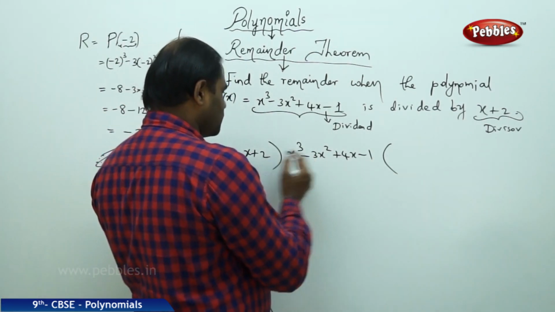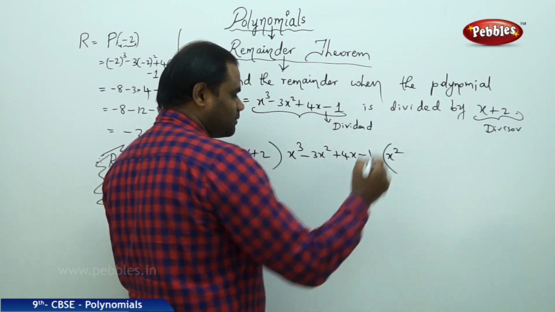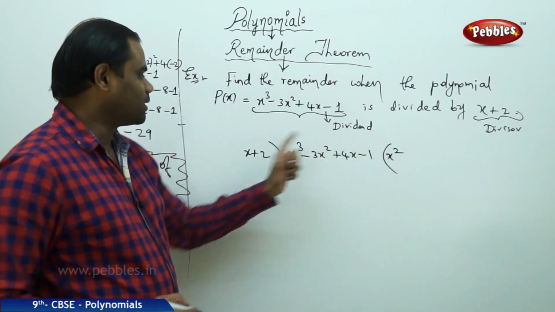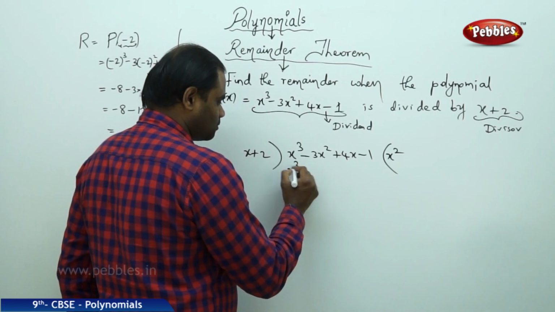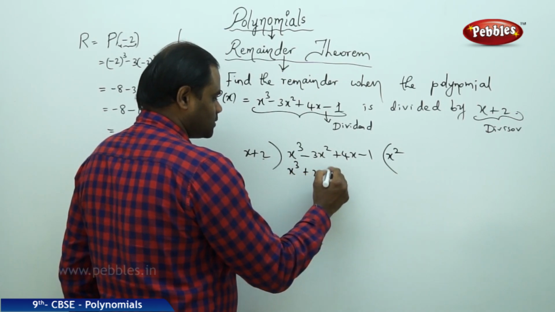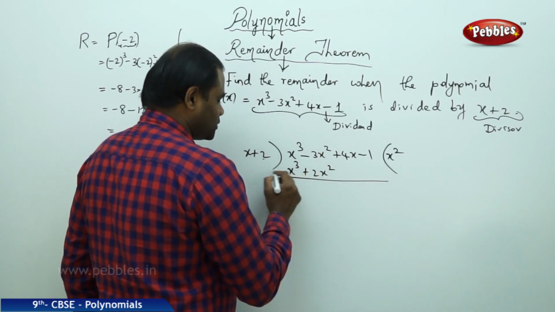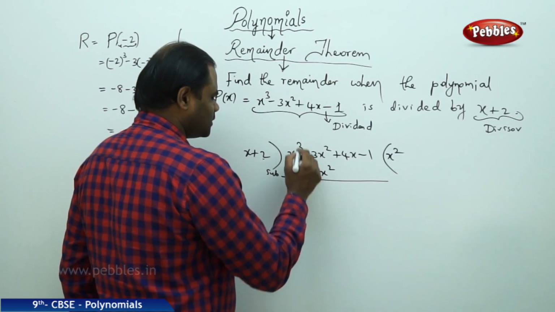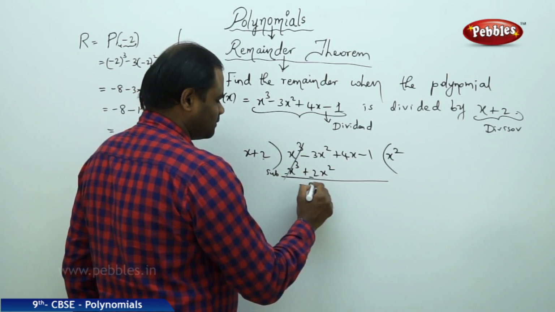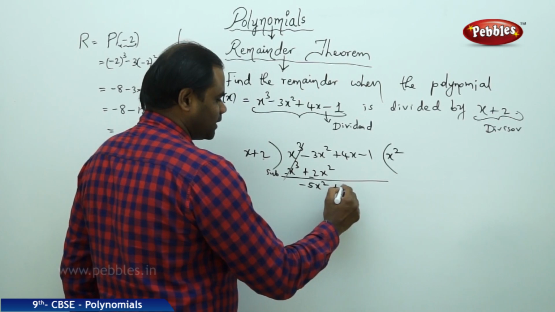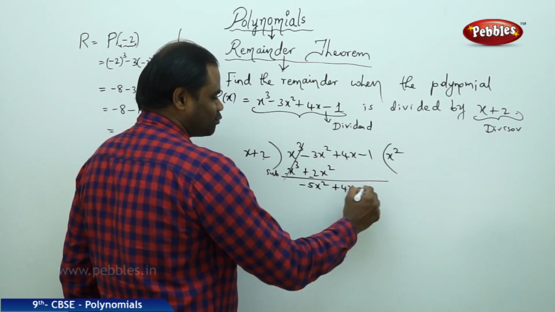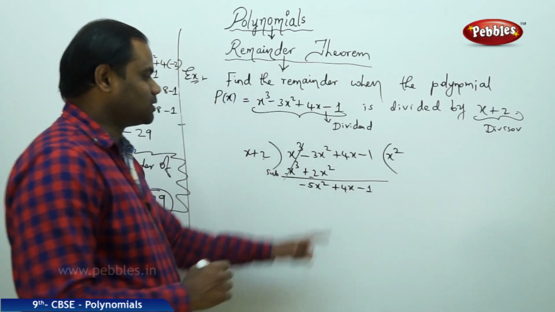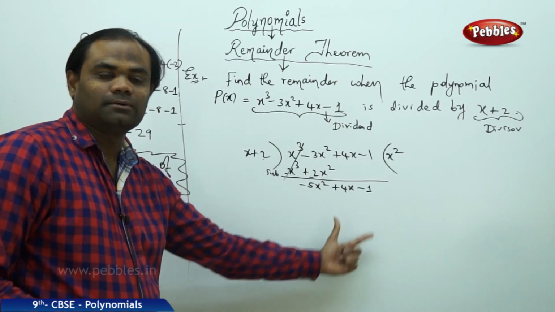As we know through the long division method, as discussed in the previous sessions, x times x squared gives me x cubed. 2 times x squared is 2x squared, which on subtraction cancels, and I get minus 5x squared plus 4x minus 1. I just drop these two down here.